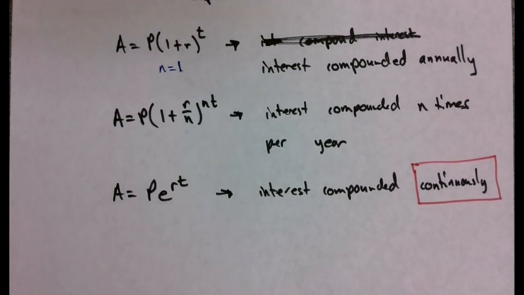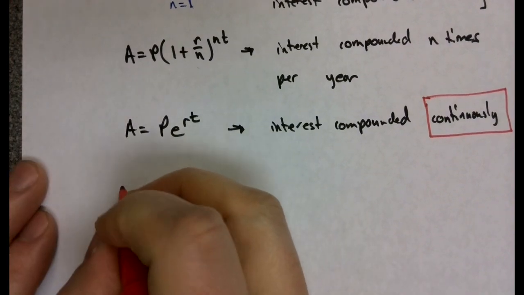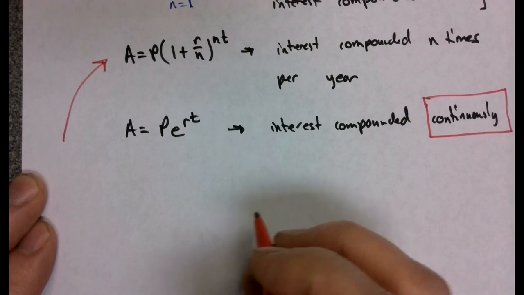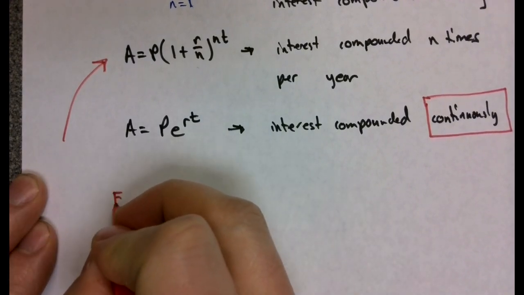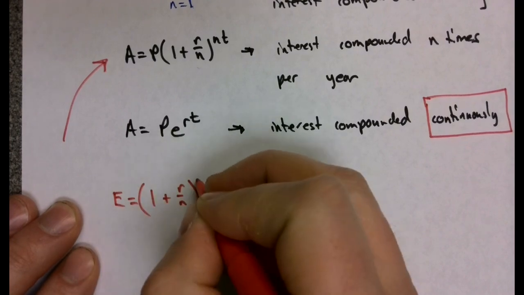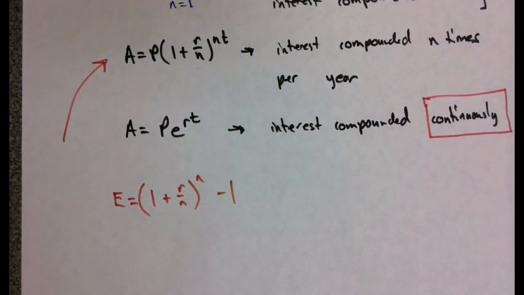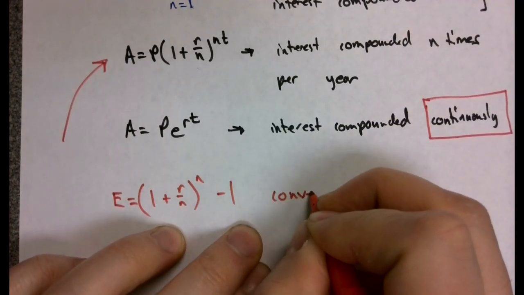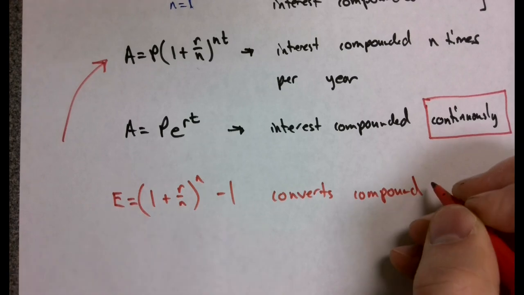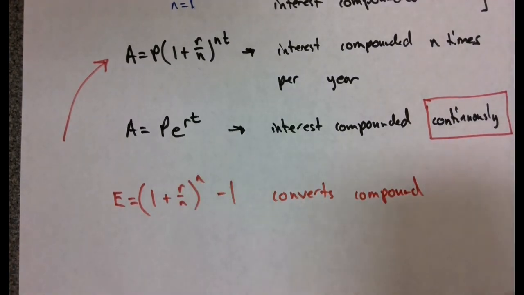We then had the effective interest rate, which was a way to compare these types of interest rates. And so that was E equals 1 plus r divided by n, raised to the n, minus 1. This converts compound interest rates, not the continuously one, by the way. There's a different formula, but we're going to ignore that.